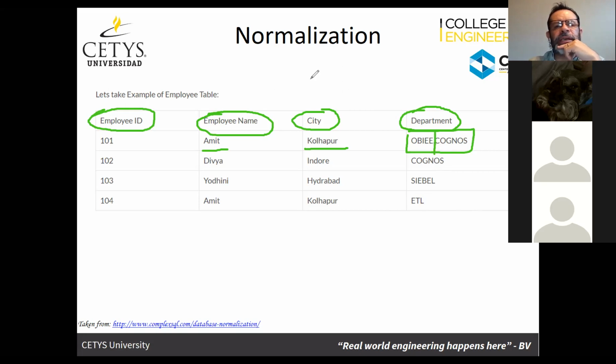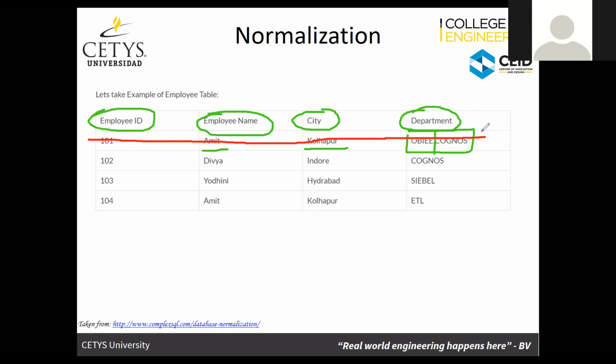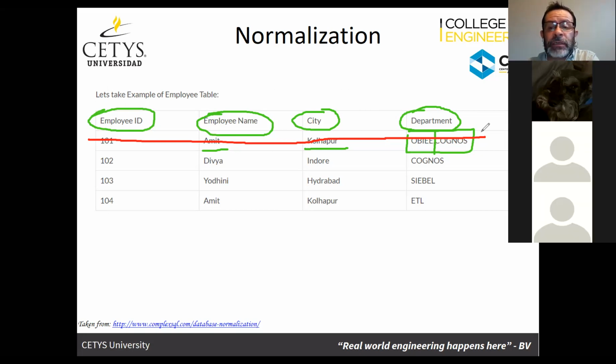What happens if I delete Amit Kolhapur from our database, completely? What's something that might be a problem here? I think you would lose the department, the first one. Yes, very good observation, Carmina.